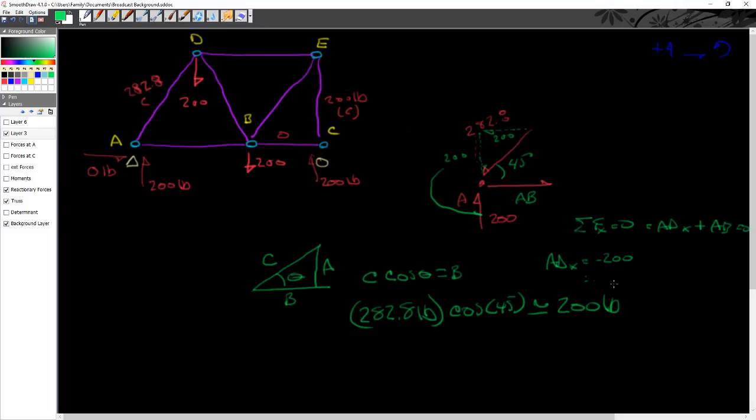Therefore, AB has to equal plus 200 pounds. I can come back and put that on my force layer in red. Now it's going to the right, which means that it is in tension. And that's where we'll stop on this one.